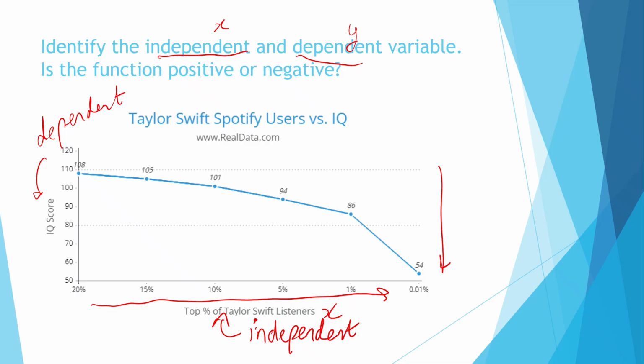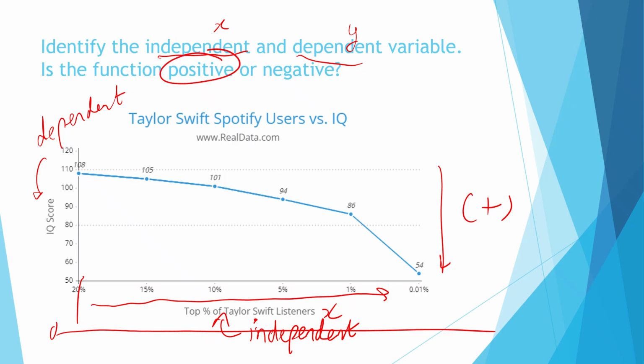And now, is this function positive or negative? Well, this entire function will be positive because none of the y values are negative, right? It's impossible to have an IQ score that goes below 0. And so this entire function will be positive here.